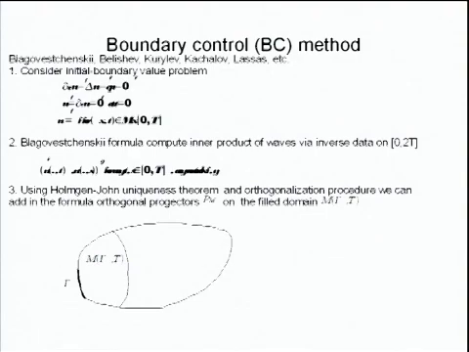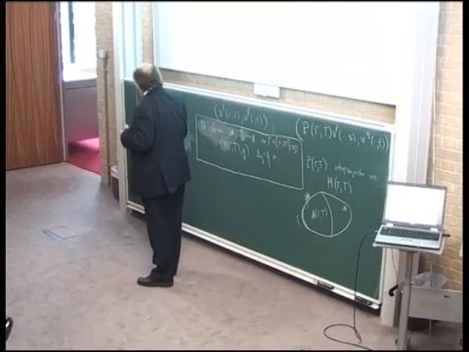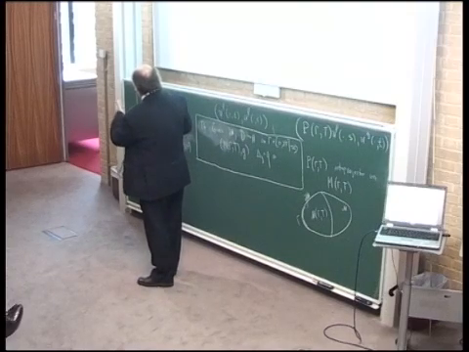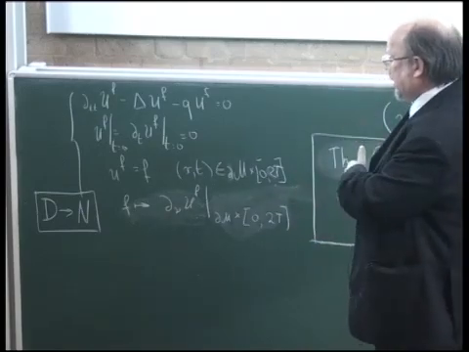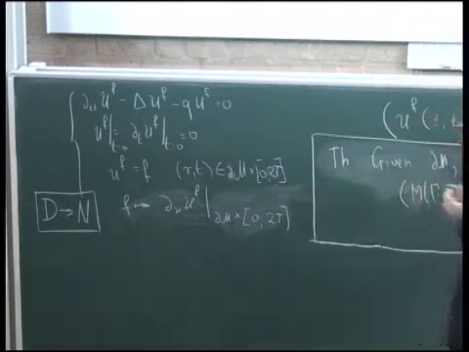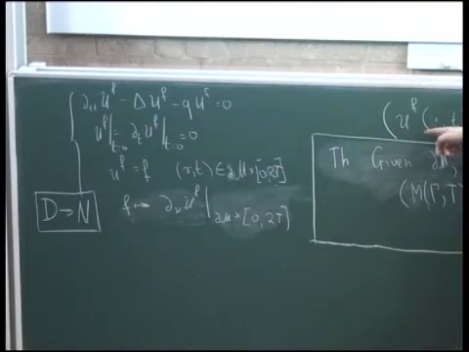This is the main analytical fact related to this boundary control method. The idea is the following: if we know the boundary data, or the Dirichlet-Neumann map or Neumann-to-Dirichlet map or spectral data, we can just compute the inner product of these two functions.